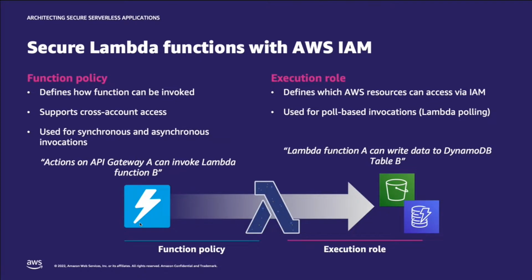I will be using the execution role for this purpose. Generally speaking, the best practice for this area of secure Lambda functions is to define a unique policy per Lambda function, avoid wildcard permissions, and of course always remember to use CloudWatch and X-Ray if desired, right? So these are the key things.